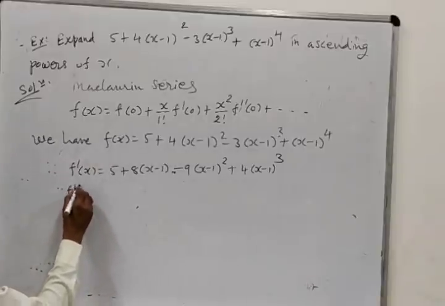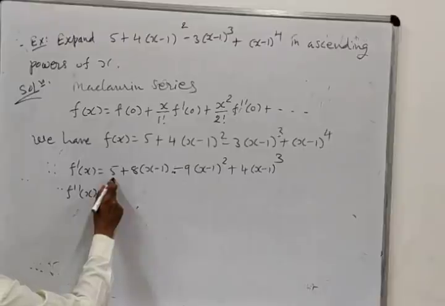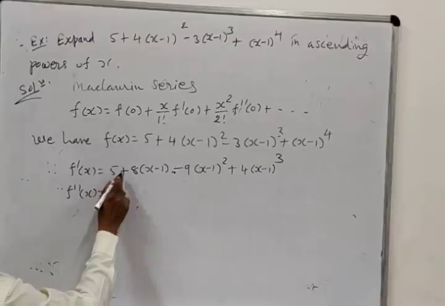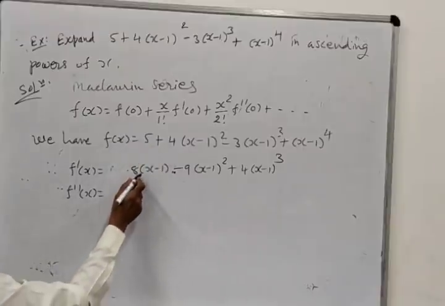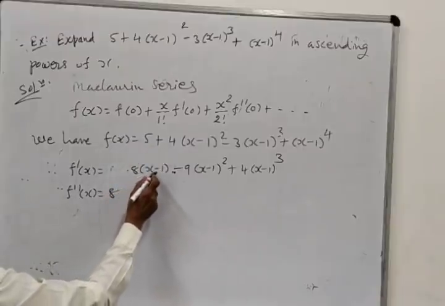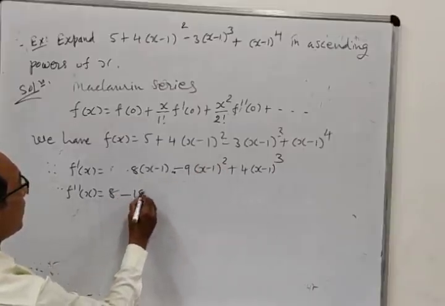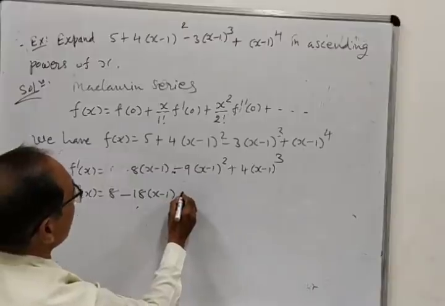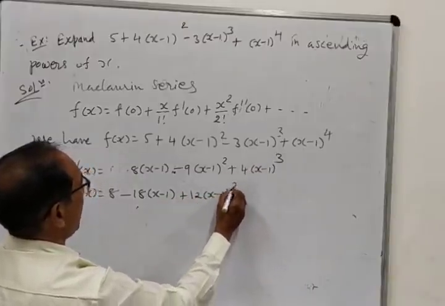Then again f double dash x: the derivative of 5 is 0, so we will not write this. Its derivative is 8, since x has derivative 1 and 1 has 0, so 8 only; then minus 18 into x minus 1 raised to 1, then plus 12 into x minus 1 whole square.